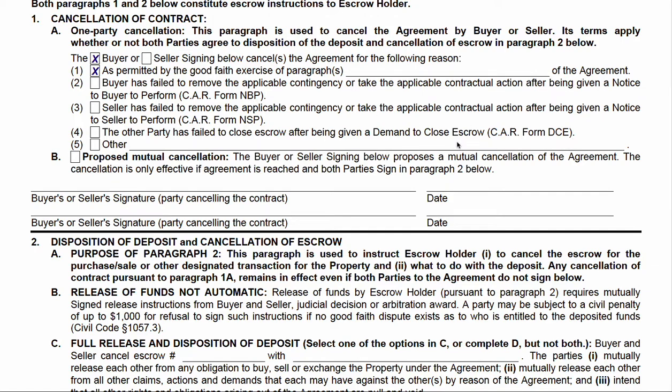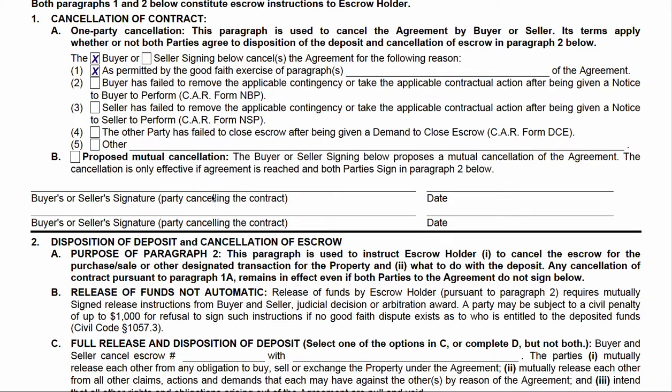And if the seller still doesn't respond, then the buyer can cancel. Now, this can happen after contingencies have been removed by the buyer. The buyer can still hold the seller accountable if the seller breaches their duty or refuses to close. The buyer can cancel. And that's when, right here, it's stating that the sellers failed to do this or the sellers failed to do that. And this buyer can cancel, that's the reason why, and then sign this and cancel and be done with it.